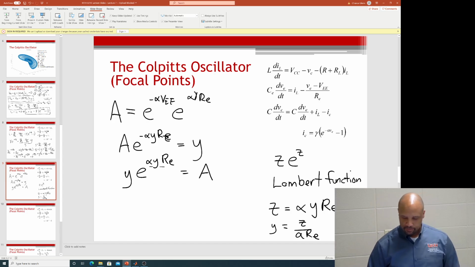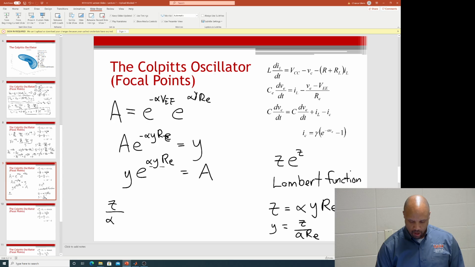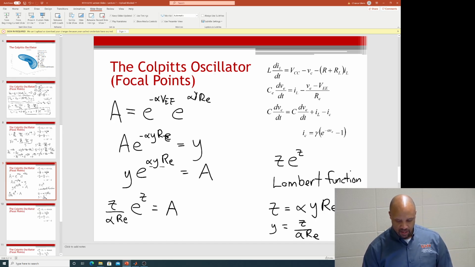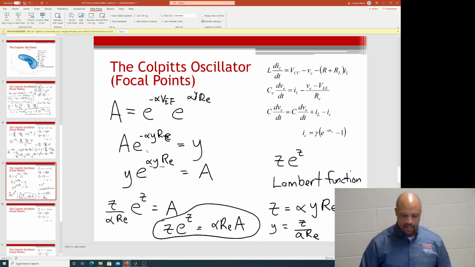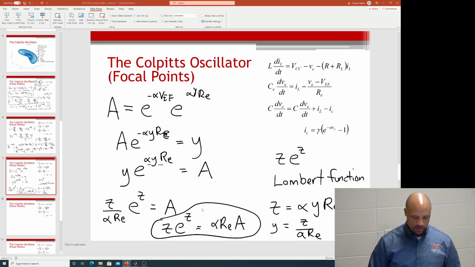So this then will be z over alpha RE e to the z is equal to A. And we could just make another constant if we want, but z e to the z is equal to A multiplied by alpha RE, so it is equal to alpha RE times A. Okay, so the process would then be, we could go to our lambda table and find it, because A can be calculated.